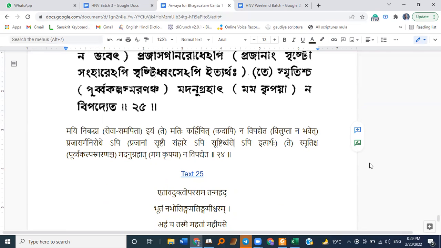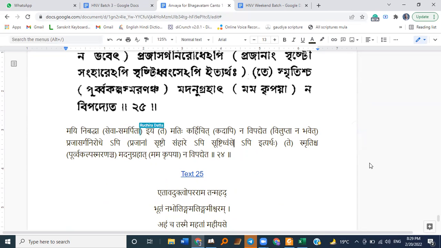So now the Lord is blessing Narad Muni, bestowing that Shakti, let's say, that because you have served me, you have offered your service unto me, this intelligence which you have got now, this wisdom, will never fade away. It will never get vilupta.